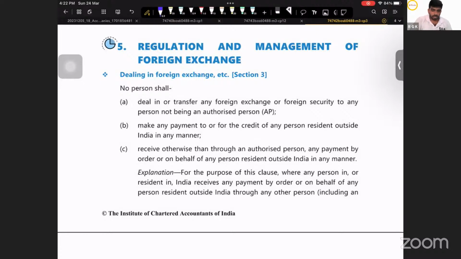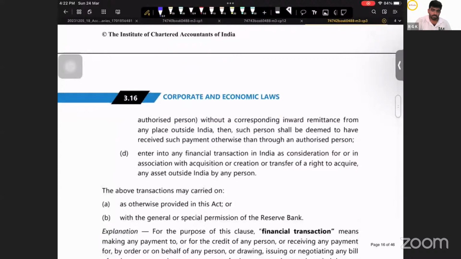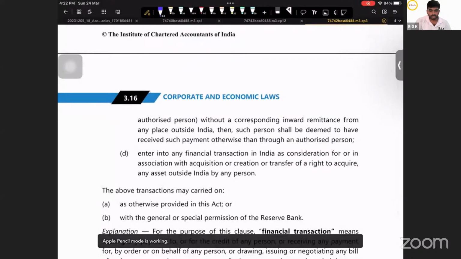Next, continuing further, let us discuss other provisions of the Foreign Exchange Management Act, starting from Section 3, dealing in foreign exchange. What does it say? Section 3 puts prohibition on 4 important transactions.